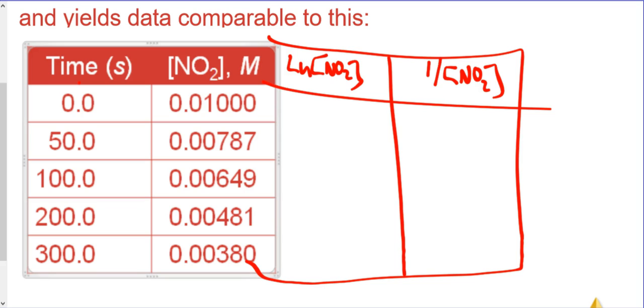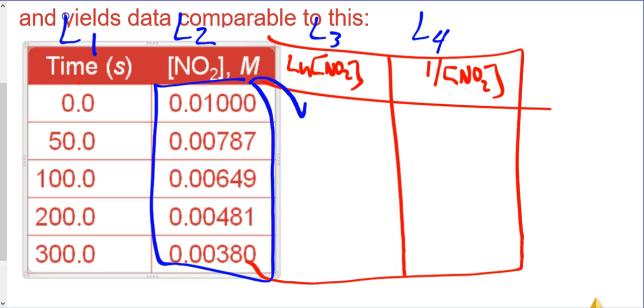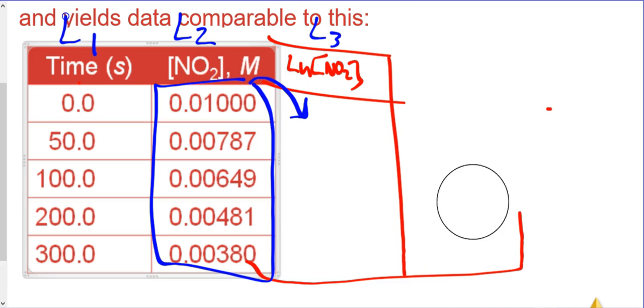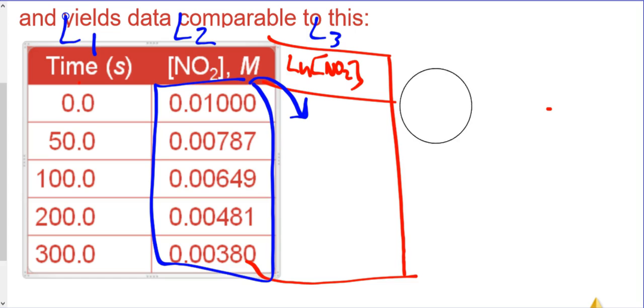So the workaround, it's not that bad, but the workaround is that this will be L1, L2, L3, L4. For the workaround, always put this data in L3. Don't make L4. Like you can, but you don't need to.